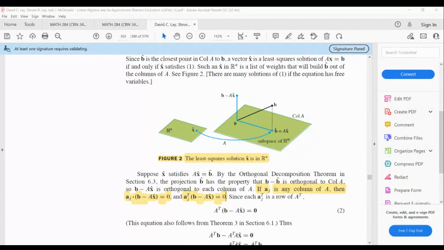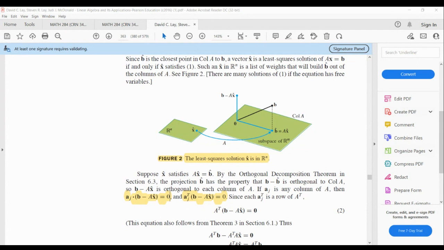You need the transpose because you have to incorporate all the dot product information. The dot product of any column vector of the matrix A with the vector B minus A x hat would equal 0.